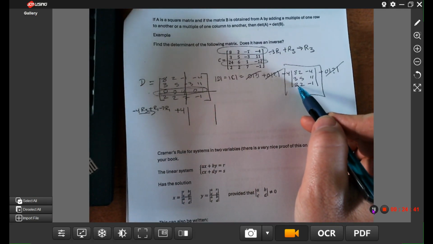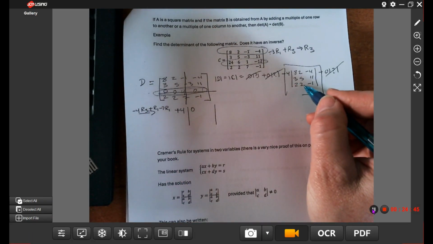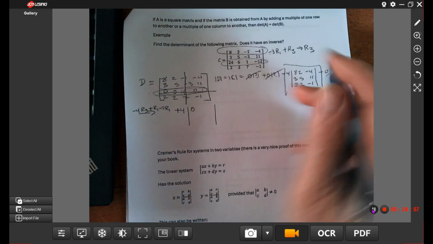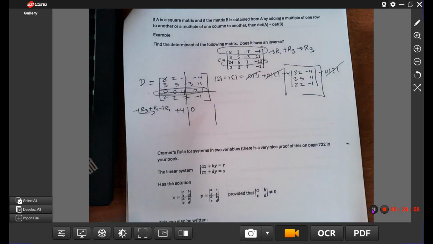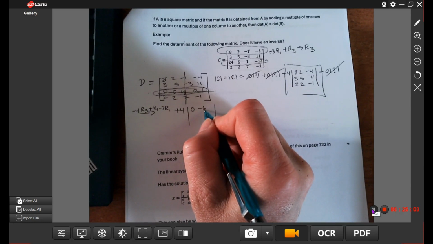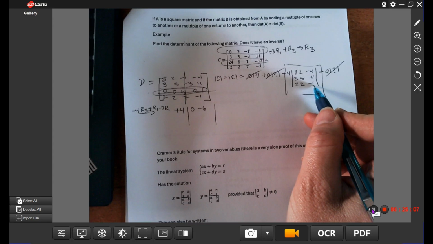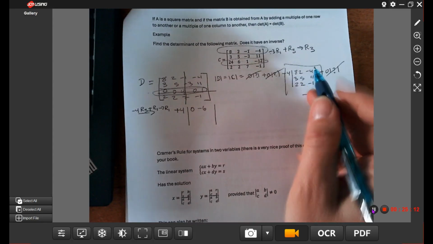Okie dokie. So -4 times 2 is -8, plus 8 is 0. -4 times 2 is -8, plus 2 is -6. And -1 times -4 is 4, plus 4 is 0.